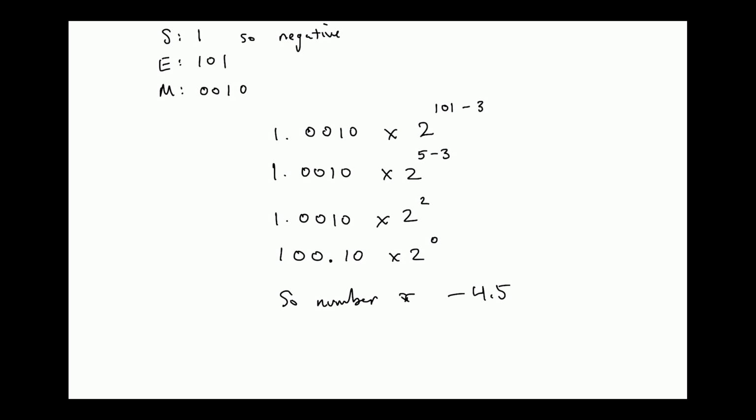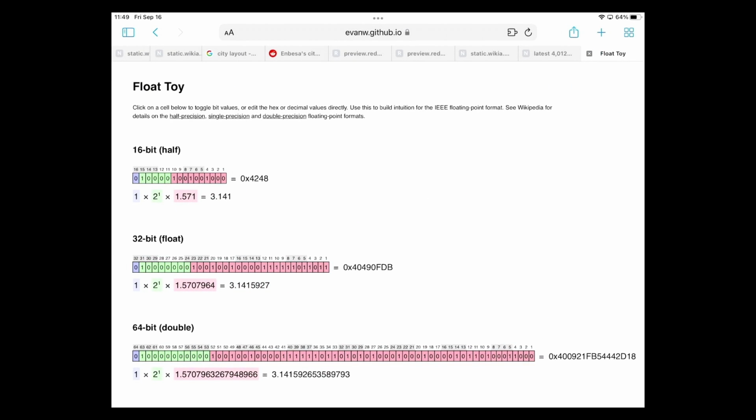Okay. So sign bit, exponent, mantissa, it always is in that order: 1, 3, 4 for the number of bits. And that number of bits depends on which scheme you're using. So for example, if I go back to float toy, the color coding here is the sign bit is always in front, and that's coded in blue. The exponent bits are in green, and the mantissa bits are in red. And you'll notice that most of the bits are allocated to the mantissa.